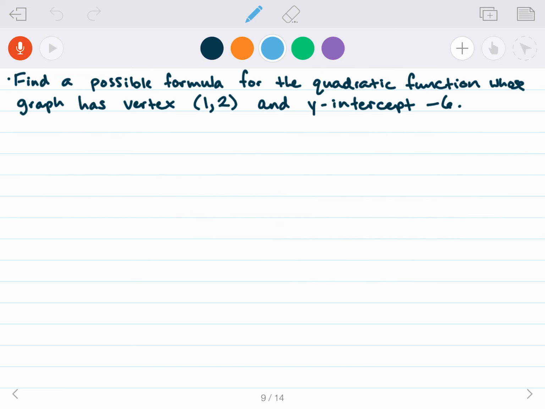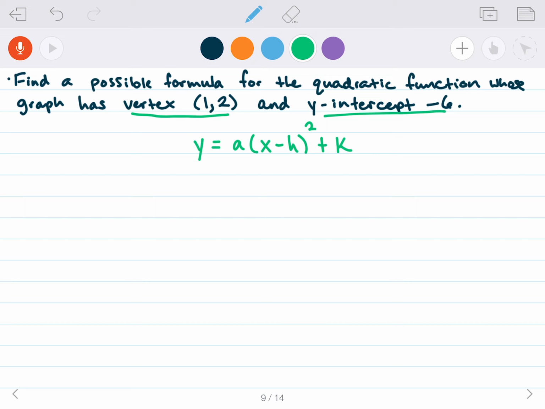Find a possible formula for the quadratic function whose graph has a vertex of (1, 2) and a y-intercept of negative 6. So if we're given a vertex, chances are we're going to use vertex form to answer this question. So let's write out our vertex form right here. We're given two clues: the vertex and the y-intercept, and we want to write the formula.